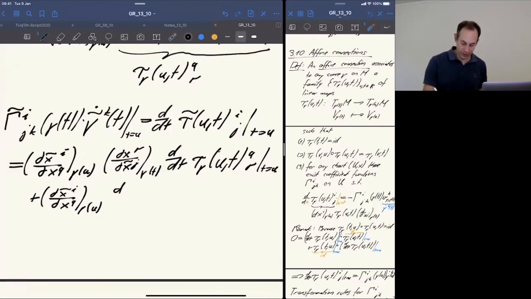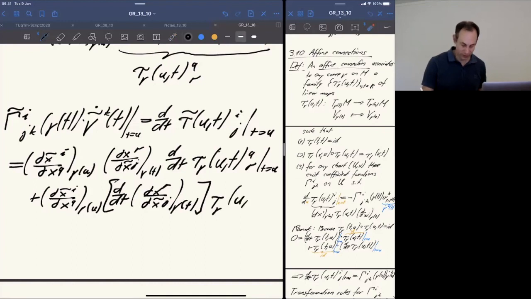So let me write d to the dt of dx r of dx tilde j gamma t. The derivative only acts on this, that's why I put brackets here. And according to the product rule, it doesn't act on the other part. So this just remains underived, p equal u.